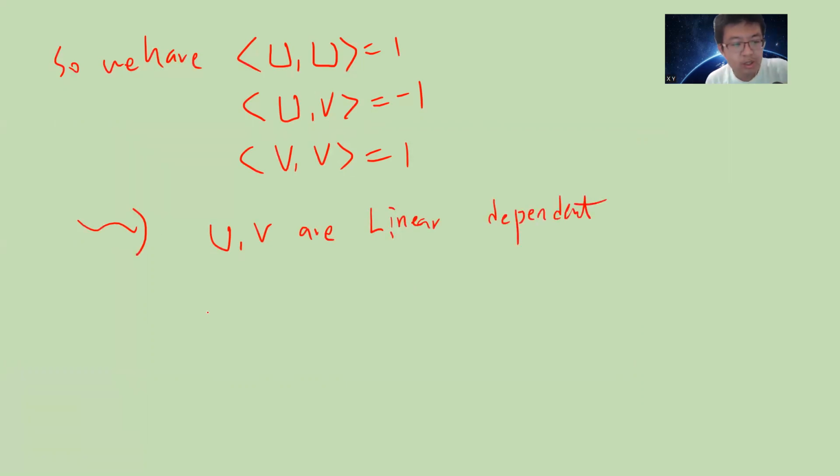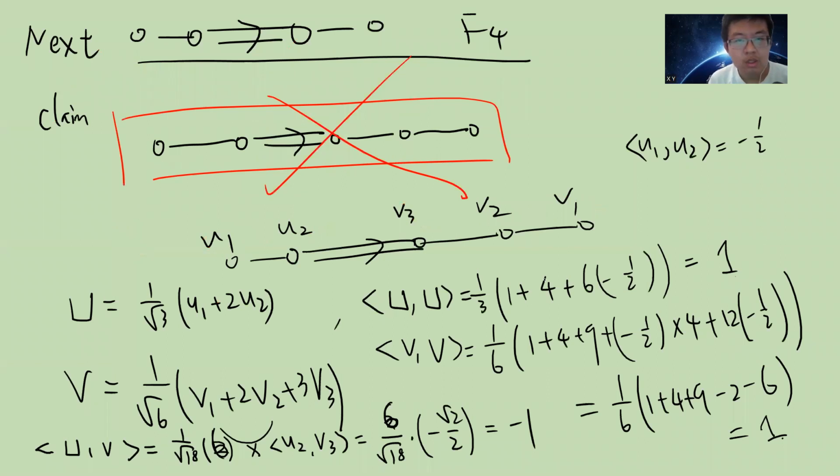Hope you can see this by the Cauchy-Schwarz inequality, because now U and V are unit vectors, but their inner product is minus 1. So basically they are vectors in opposite directions. Which is a contradiction, because if U and V are linearly dependent, it means that U1, V1, U2, V2, V3 are linearly independent. So these are impossible. Okay, so F4 are special, and you can try to prove that if you add a double edge here, you also violate these possibilities.